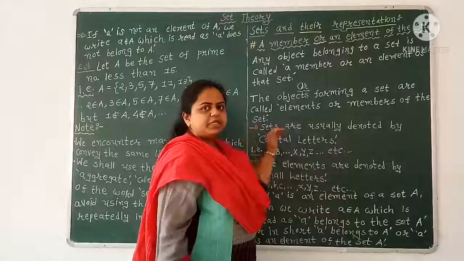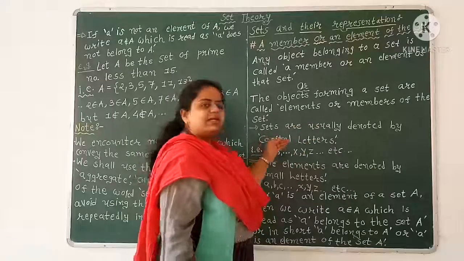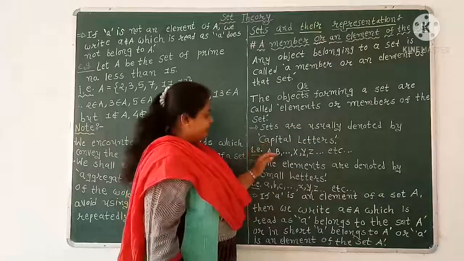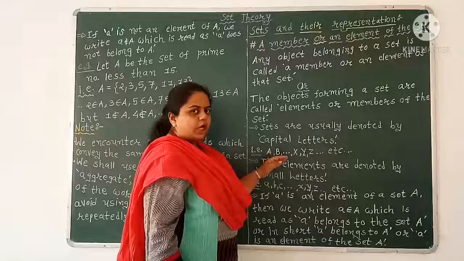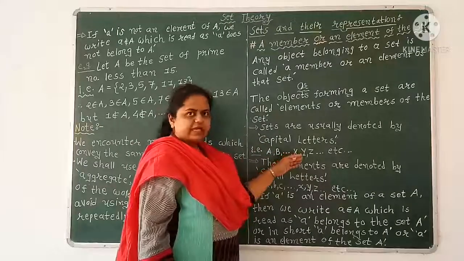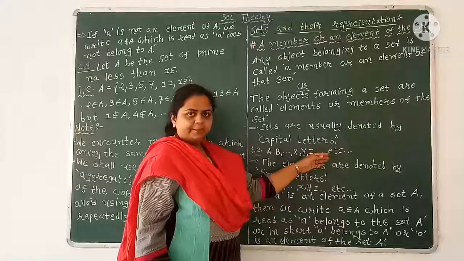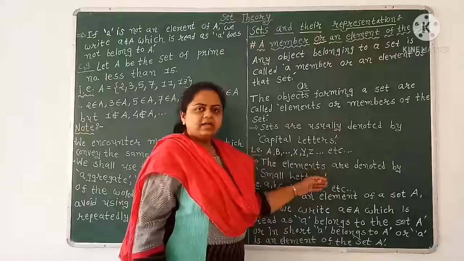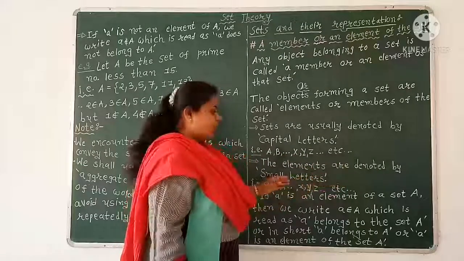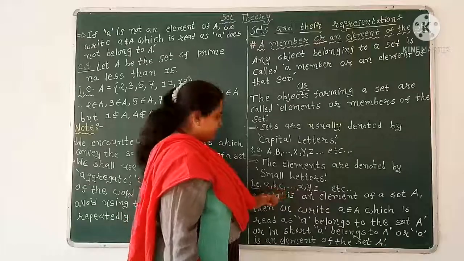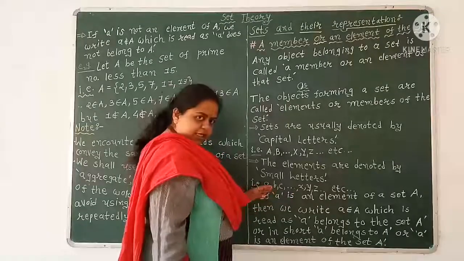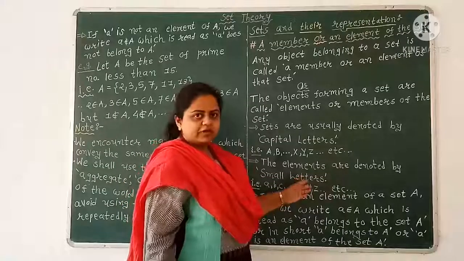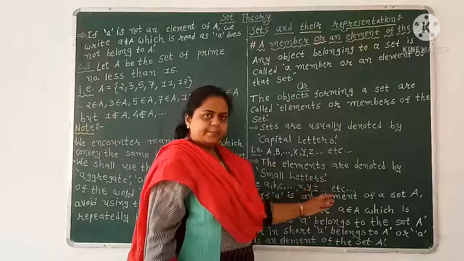Sets are usually denoted by capital letters, that means capital A, capital B, up to capital X, capital Y, capital Z, etc. And the elements of these sets are denoted by small letters, that means small a, small b, small c, up to small x, small y, small z, etc.